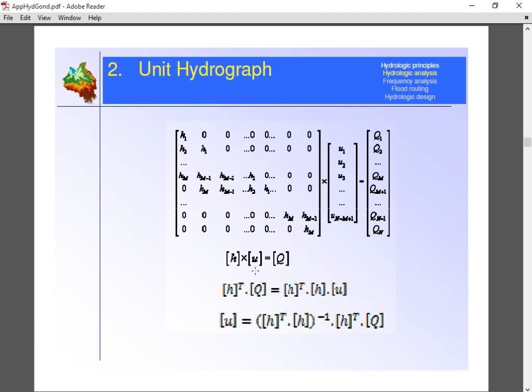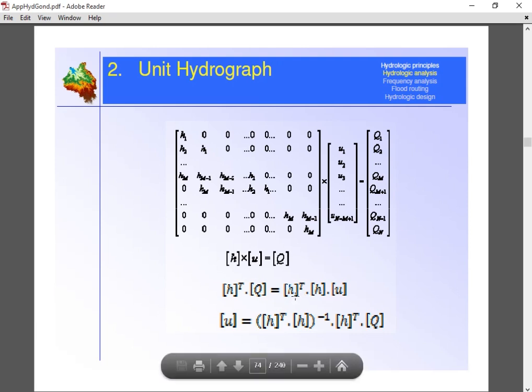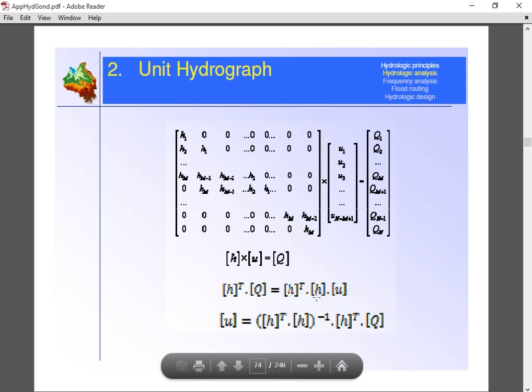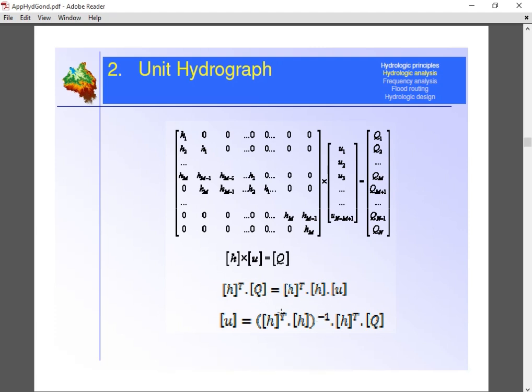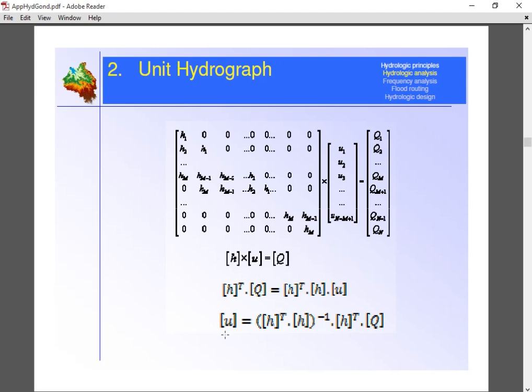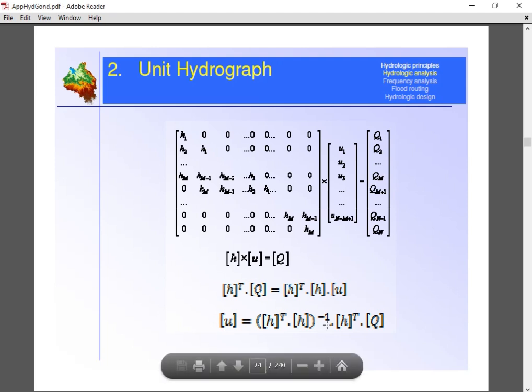After that, you can get this U as that of the inverse of H transpose times H, because if you divide both sides by H transpose times H, that means the inverse of H transpose H, times H transpose times Q. So we can obtain the values of this unit hydrograph component using this equation in a simple way.